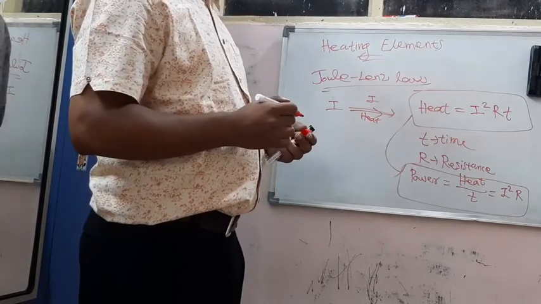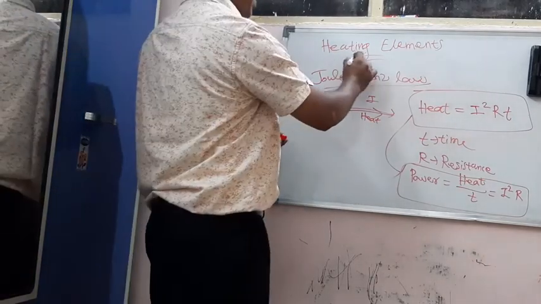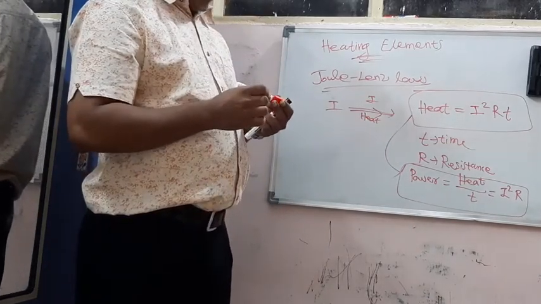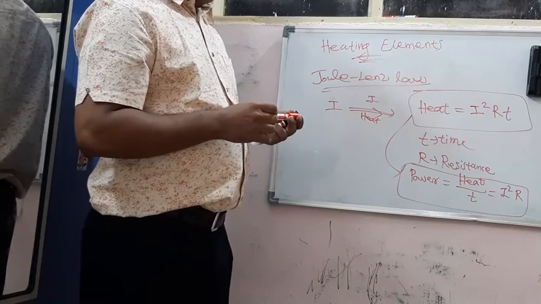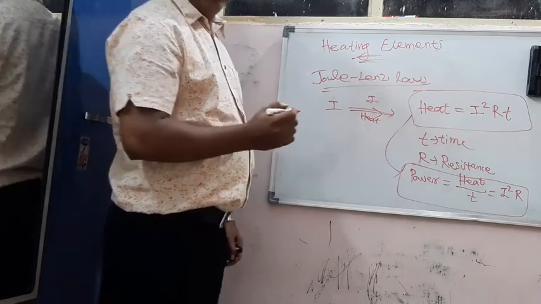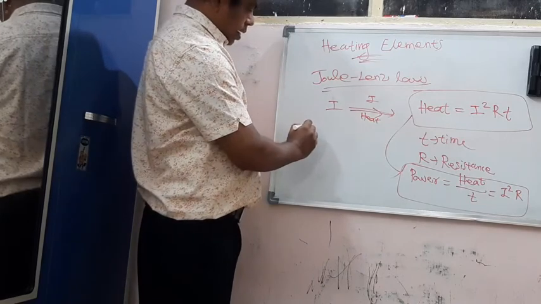So there are different types of heating elements. One material which is used in most applications is nichrome.